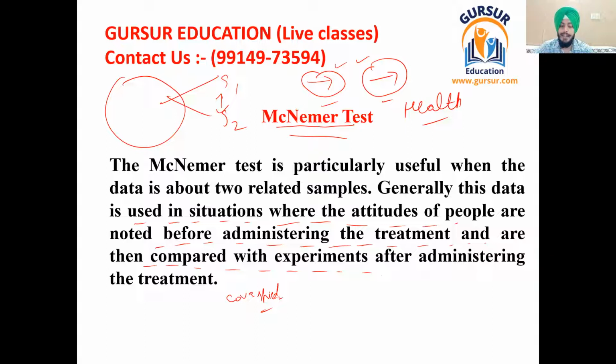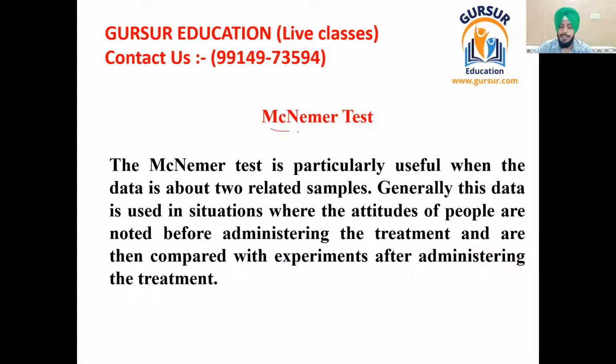Because this is applied to a related group, because the people are the same. You have not got vaccinated, and after that you get vaccinated. You are there as well, so the samples are related to each other. The only difference is that you try to find whether there is any difference in your health before and after vaccination. So for finding the result, the test applied is the McNemar test.